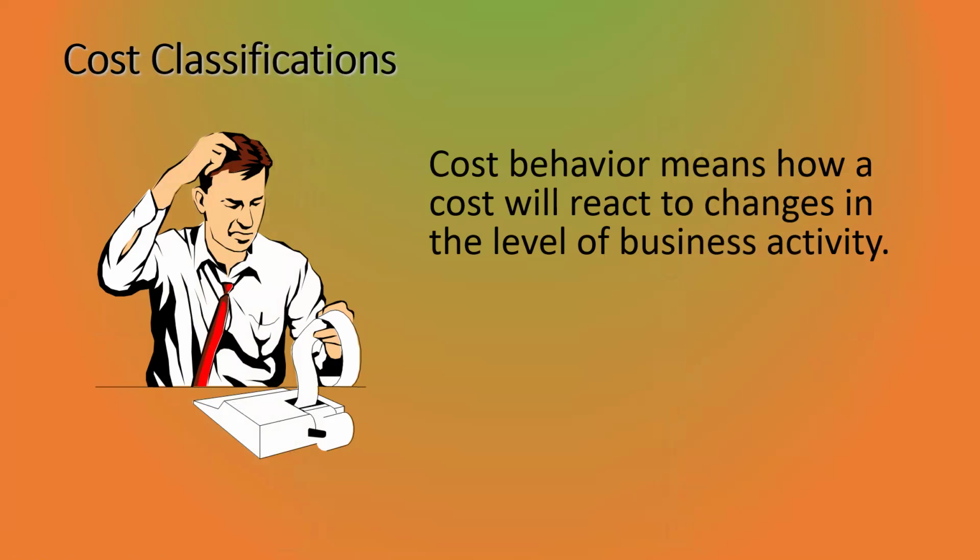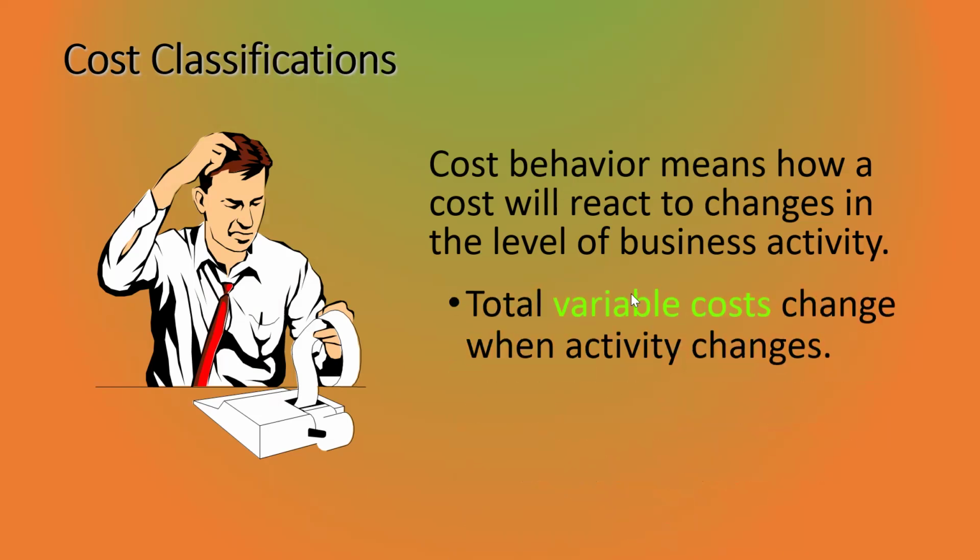So level of business activity means the increase or decrease in the number of units produced, or the increase or decrease in the hours used. Here, first of all, we have total variable cost. Total variable cost changes when the level of activity changes.